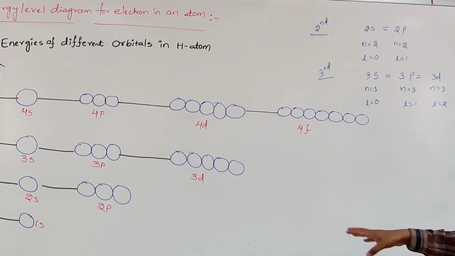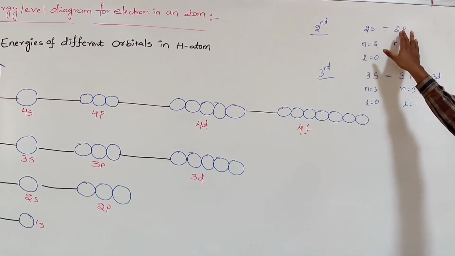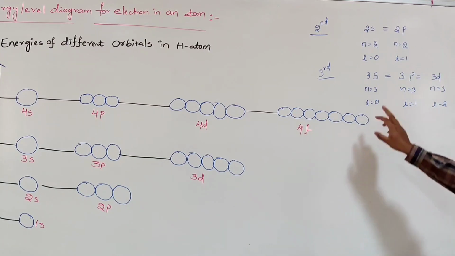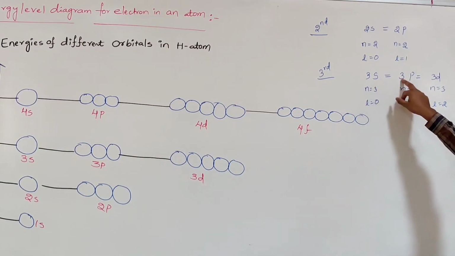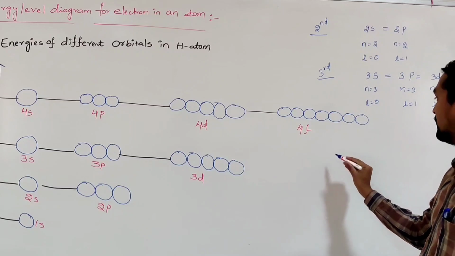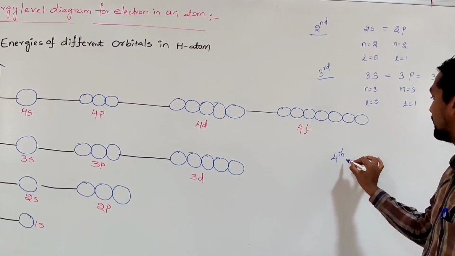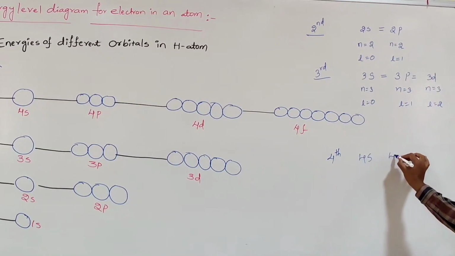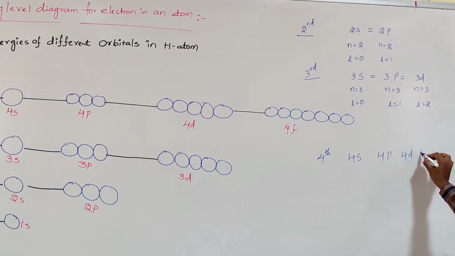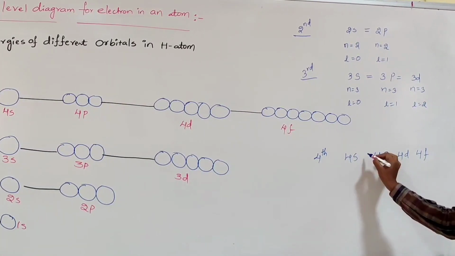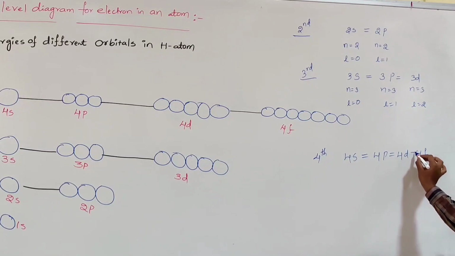In the second energy level, 2s and 2p subshells have the same energy. In the third, 3s, 3p and 3d. Similarly in the fourth, 4s, 4p, 4d and 4f. The four subshells also have the same energy.